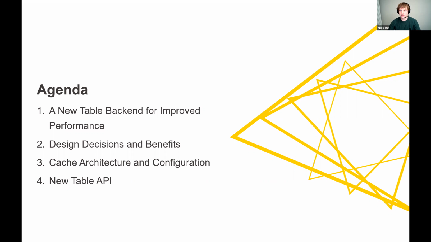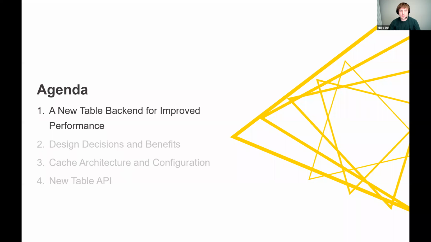The third topic will be very technical, about the caching architecture: how we keep data in memory and when we persist to disk, and how you can configure this multi-layered cache to best fit your needs and to best suit your machine. Finally, I'll be talking about the new table API that might be especially interesting for node developers, because this changes a little bit how you write your Knime nodes.